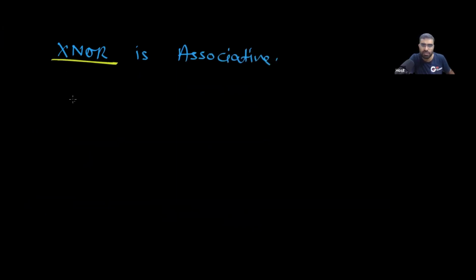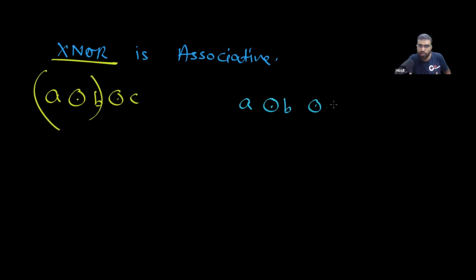This XNOR function is associative, means if you have the expression (A XNOR B) XNOR C, and if you have the expression A XNOR (B XNOR C), these two expressions are same.